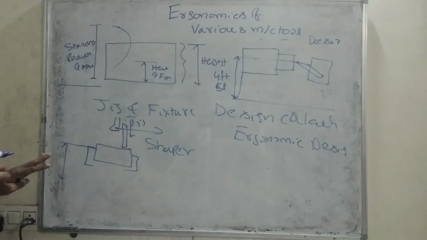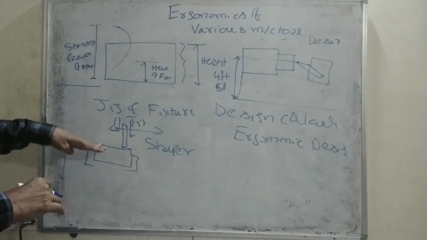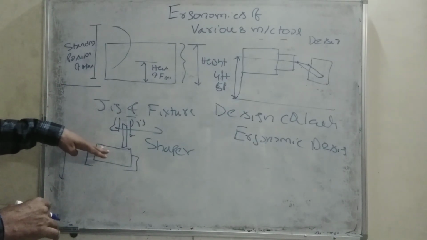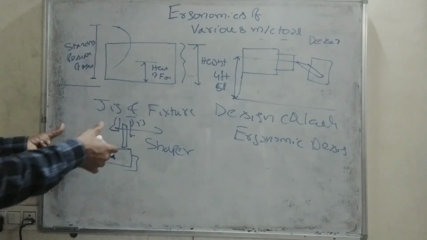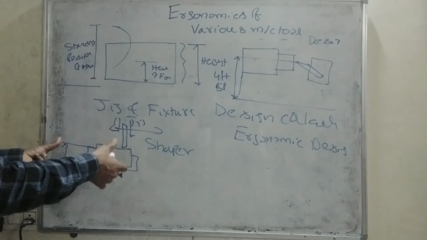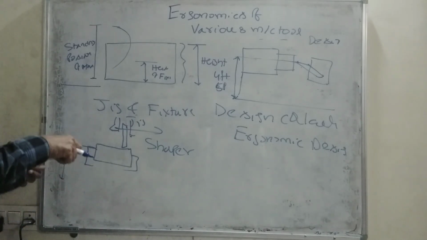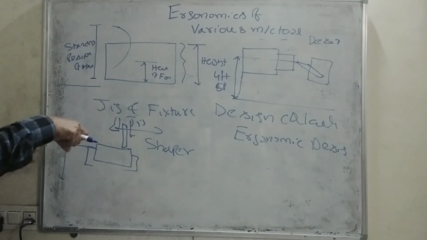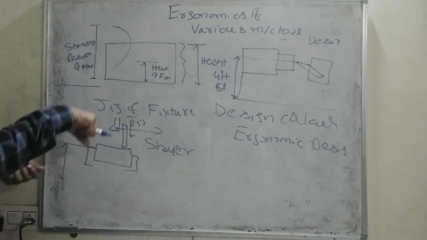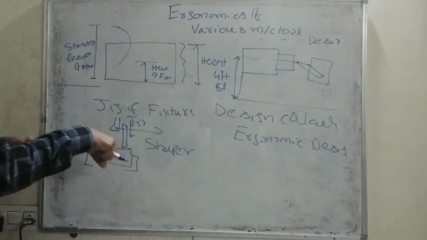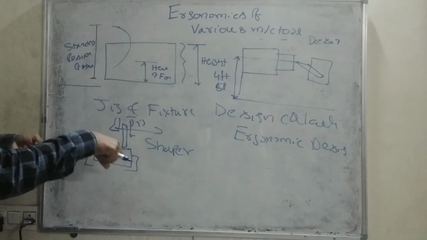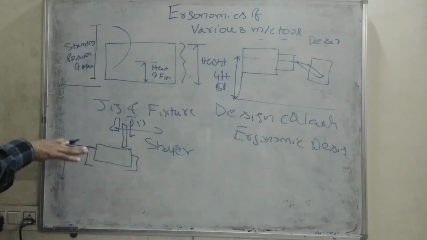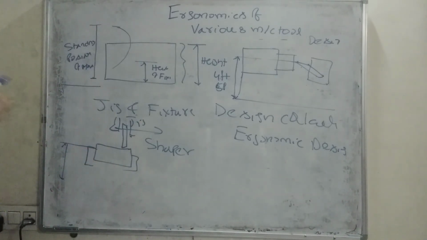Here the ergonomic details are the height of the fixture, which can be reached by the hands of the human being, and the tightening mechanism, as per the maximum load that a human being can apply.